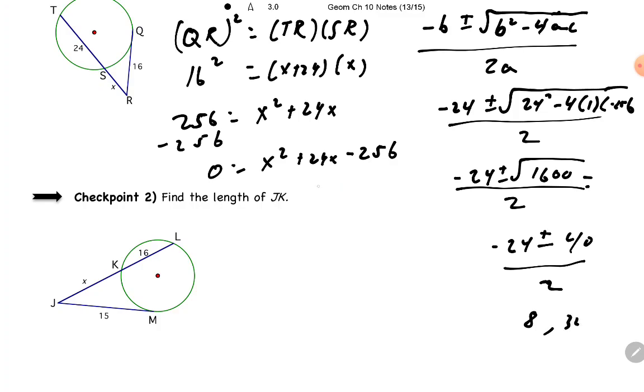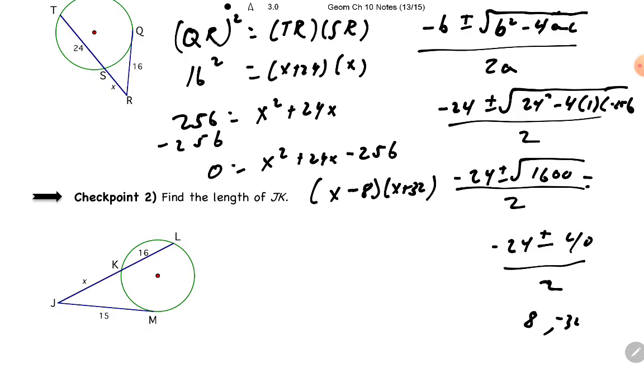Okay, so this actually did factor into x plus 8, wait, no, negative 32, right. There we go. No, that's not right. x minus 8, x plus 32.